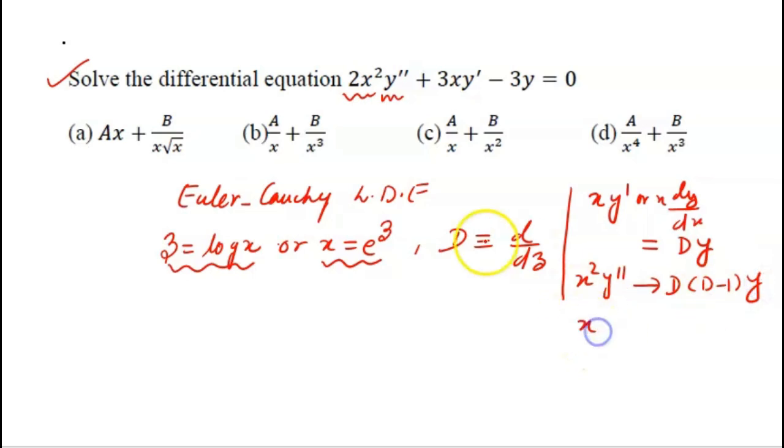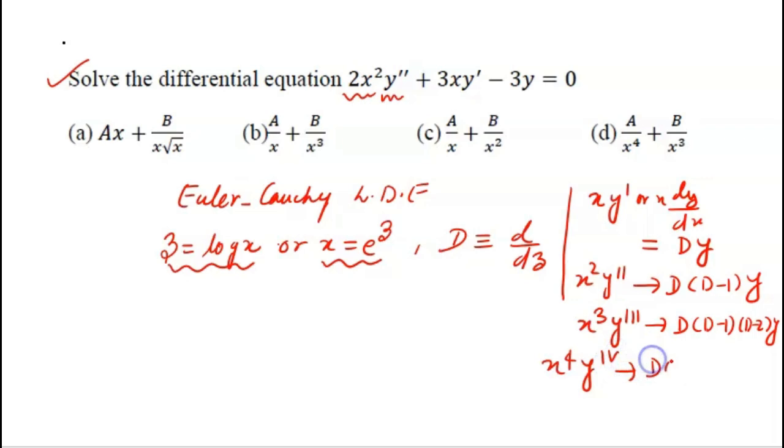If you have x cube, which is not present here but just for the sake of explanation, if you have x cube y triple dash, then you replace it by D, D minus 1 and then D minus 2 y. And similarly, one more term, x to the power 4 y to the power 4, you replace it by D, D minus 1, D minus 2, D minus 3 y. Yes or no? So this is how you do the replacement.